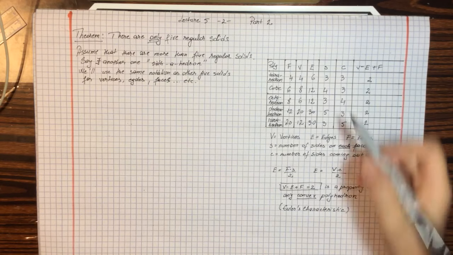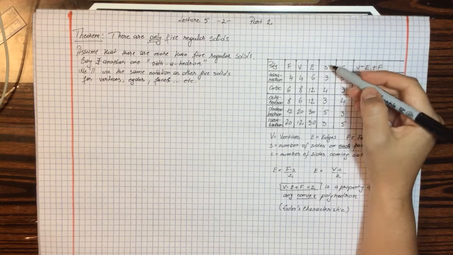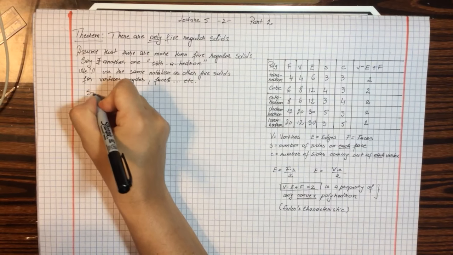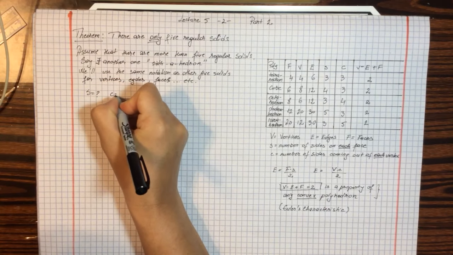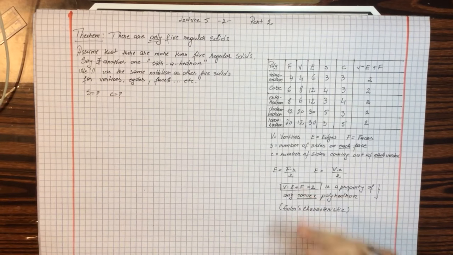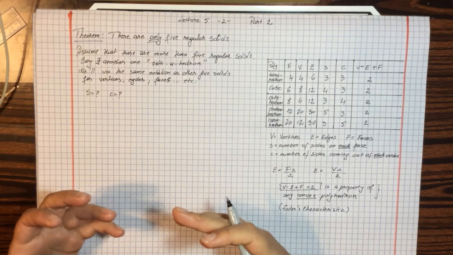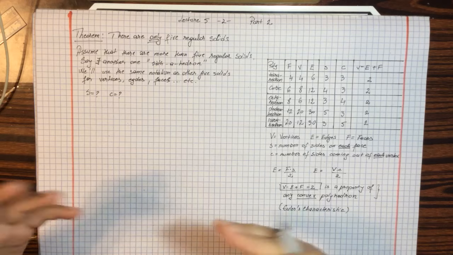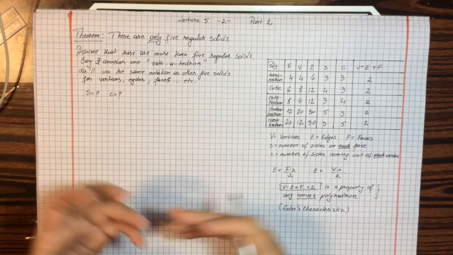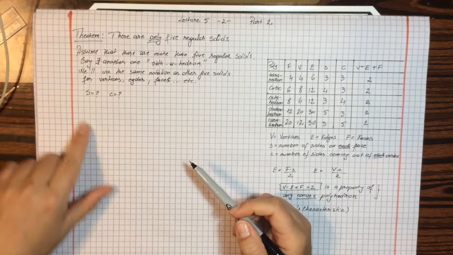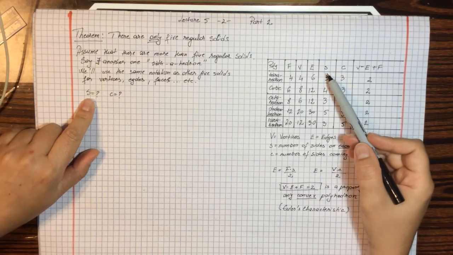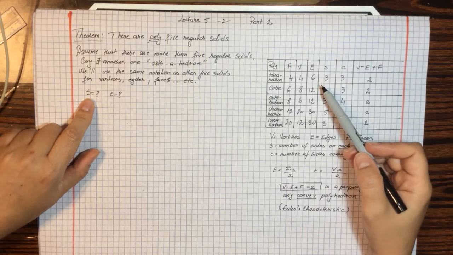So the moment that we actually decide what S is and what C is, then we will have an actual image of what this polyhedron will look like. Well, what is S? S would be the number of sides on each face.